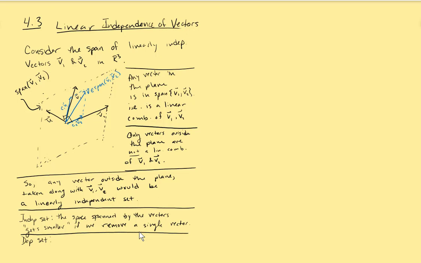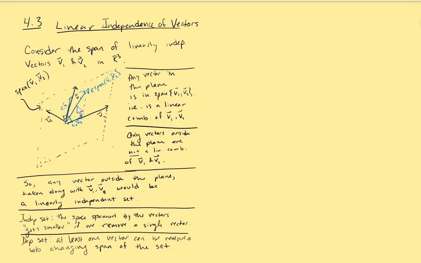So a dependent set implies that at least one vector can be removed, pardon my handwriting here, without changing the span of the set.